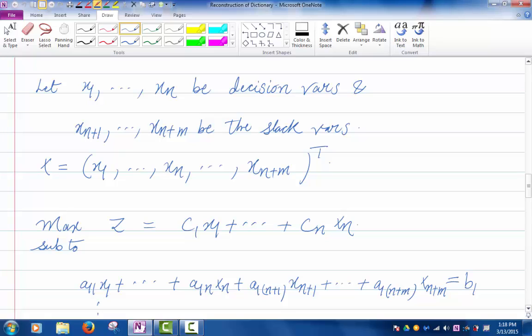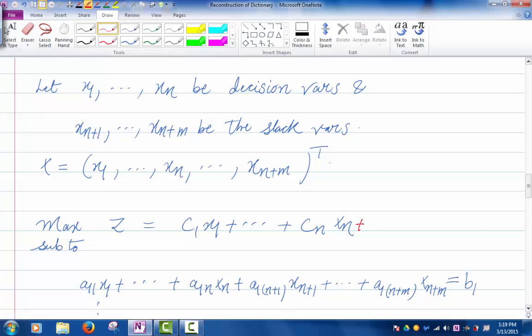And then we are trying to maximize z. Z is c1 x1 plus ... cn xn. However, what I'm going to do is add some more terms here.